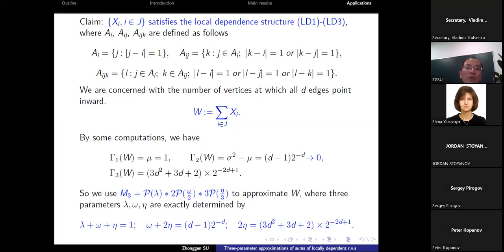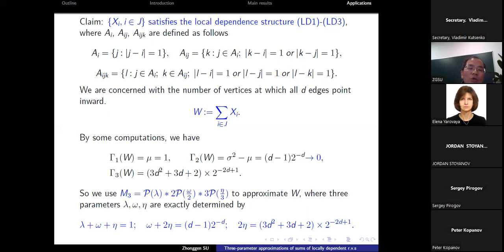By some computation, we have the first 3 factorial cumulants for W. As you noticed, here mu and sigma squared minus mu go to 0 as d goes to infinity.